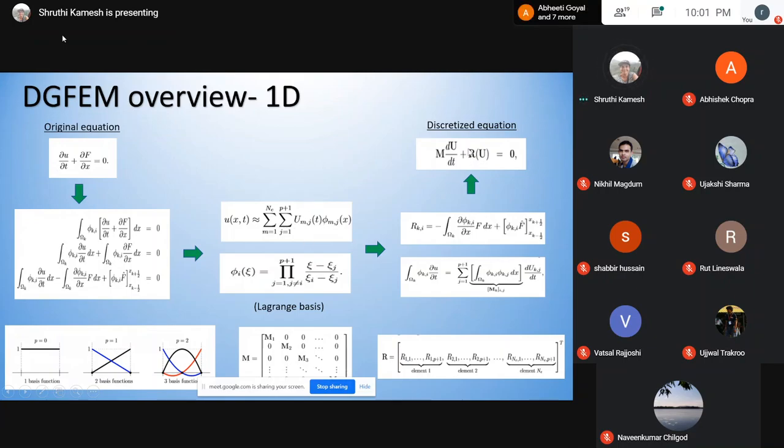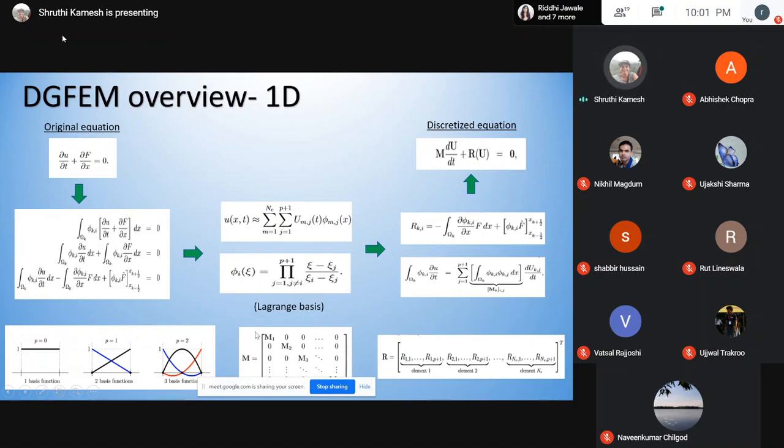Capital U refers to the basis coefficients, and small u refers to the field variable itself. So M of U, the mass matrix, which changes through time, dU/dt, plus R of U, the residual, which is a function of these basis coefficients, equals 0, and that is your equation.